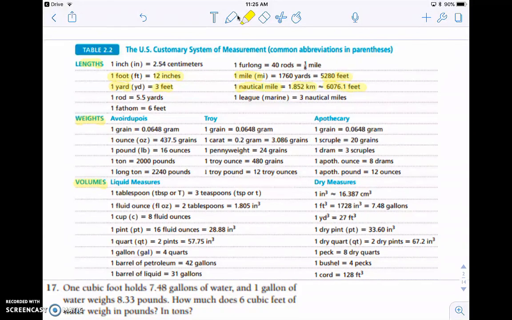And this is not something you necessarily have to have fully memorized. Obviously, knowing that a foot is 12 inches, a yard is 3 feet, a mile is 5,280, that's a pretty good one to know. But just knowing some of the generalities here, on weight, a ton is 2,000 pounds, 1 pound is 16 ounces, and so forth.